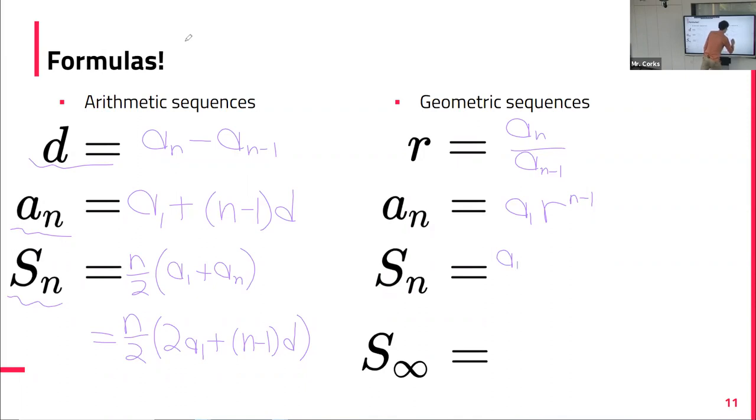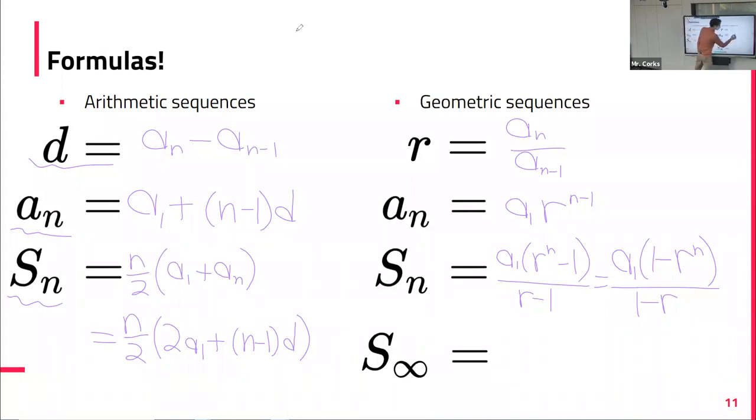So r to the exponent n minus 1, over r minus 1 here. And then our other version of this, a1 times 1 minus r exponent n, over 1 minus r.